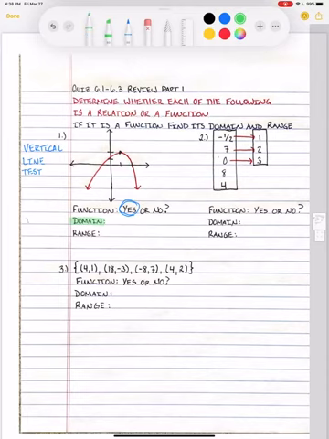Okay, x values. So we're looking at how wide the graph is. We're looking at this x-axis and where does our graph start on that x-axis? Where does it end on that x-axis? So I'm looking at my red graph. I'm looking at the widest pieces of the graph. The widest pieces are these two arrows.